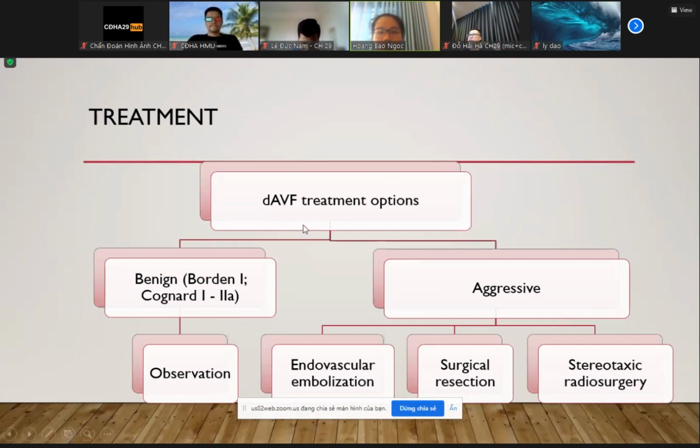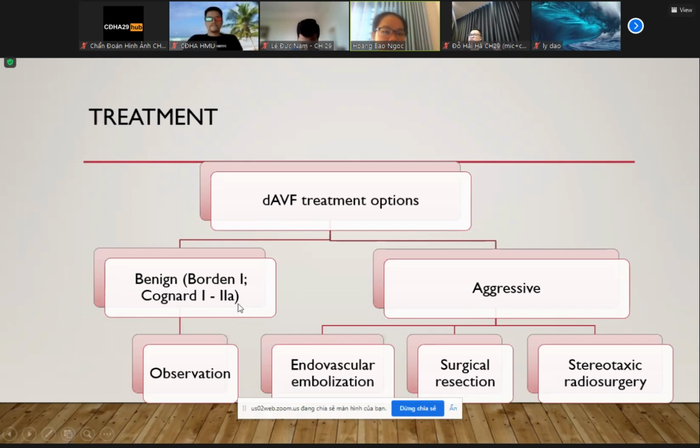About the treatment options, after obtaining the cerebral angiogram, the findings of DSA will define whether the lesion is benign or aggressive, and the risk of bleeding if not treated.